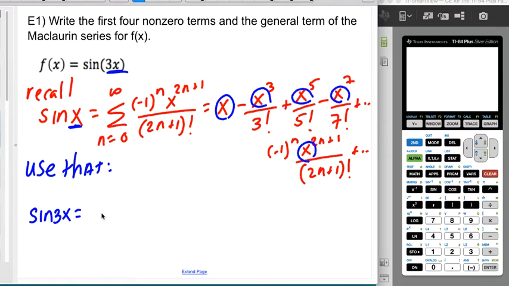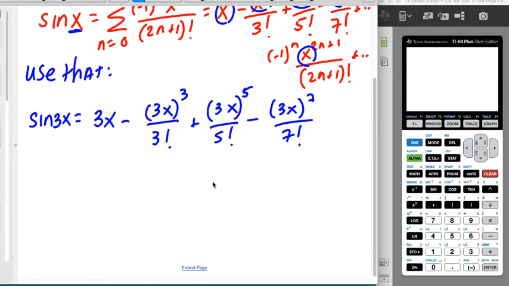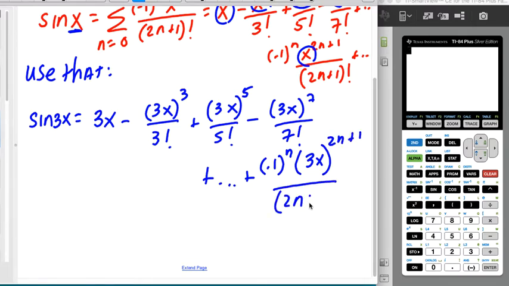So 3x minus 3x in parentheses to the third over 3 factorial plus 3x in parentheses to the fifth over 5 factorial minus 3x in parentheses to the seventh over 7 factorial plus dot, dot, dot, and the general term is negative 1 to the n, and instead of an x, it's a 3x. That's the entire game.